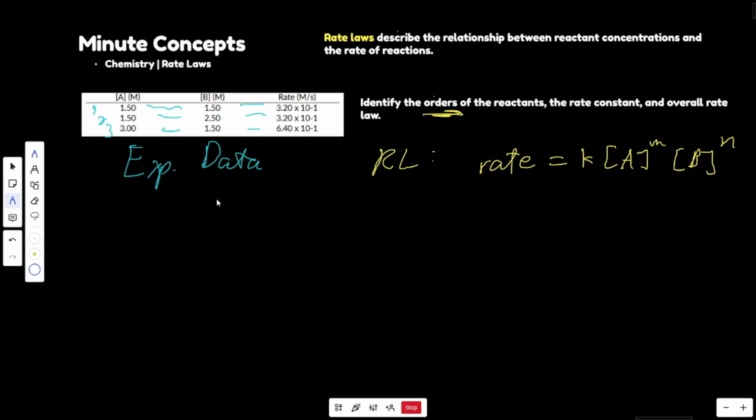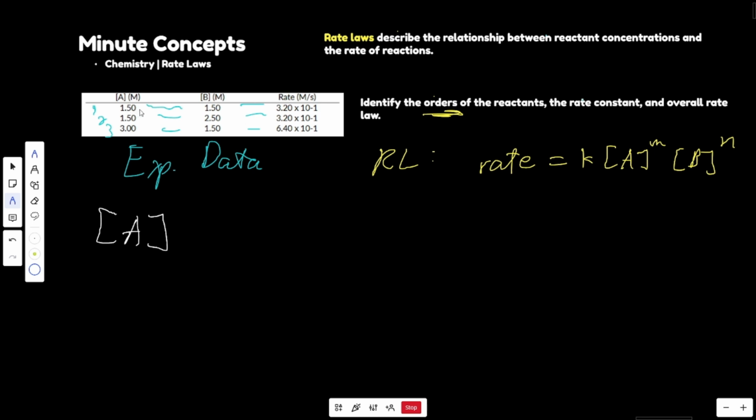So let's start with reactant A. So reactant A is present in all 3 trials, and we want to describe the effect of concentration. Obviously, if we want to see the effect of concentration of A, we need it to change, right?